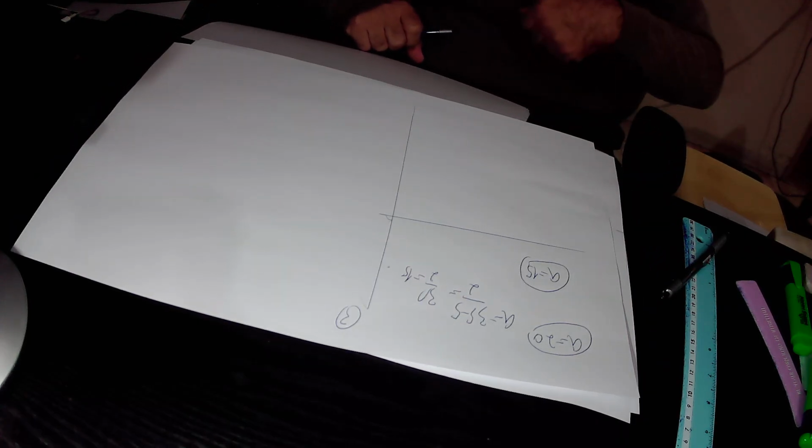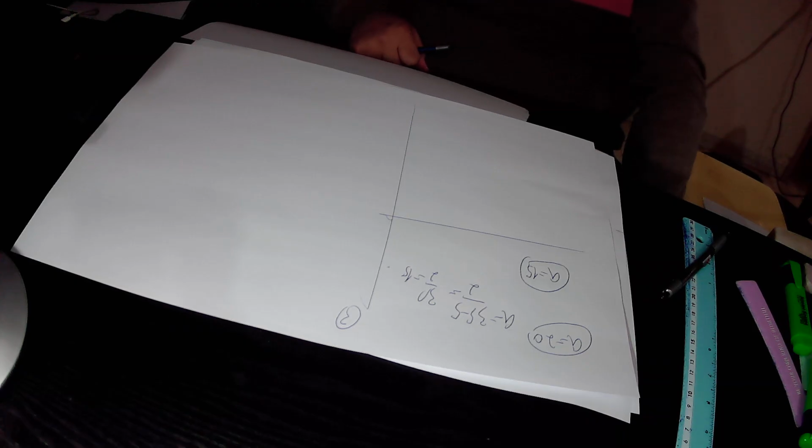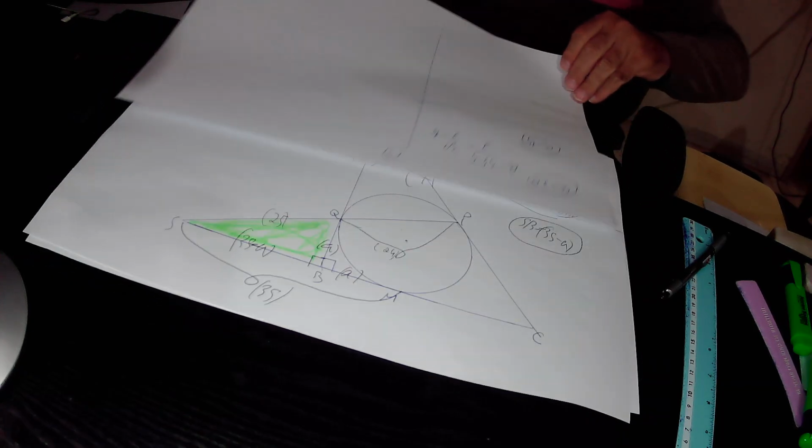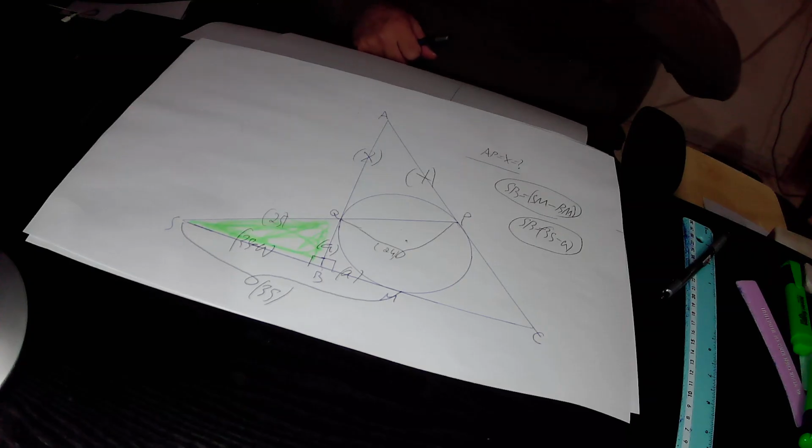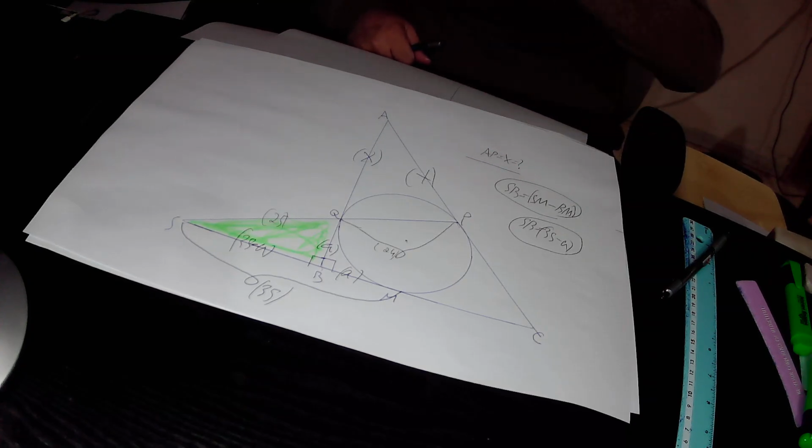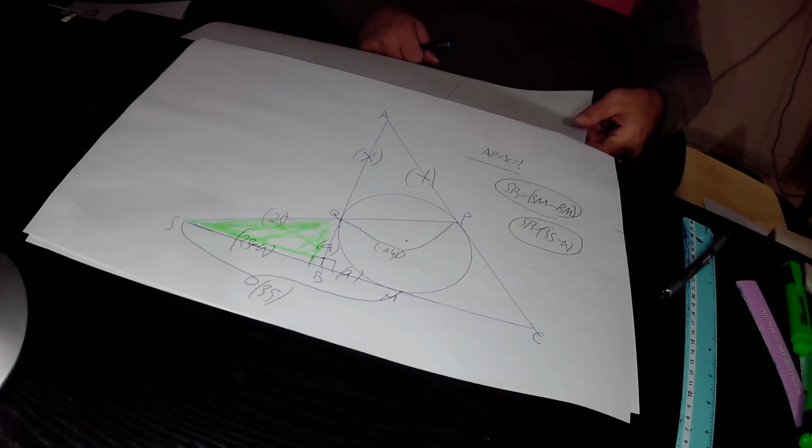So why is a so important to us? Our task is to find the length of line segment AP that equals x. We find out immediately why a is so important to us. We have to find the value of a.